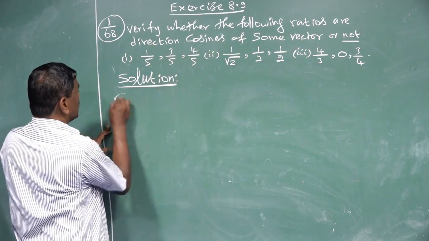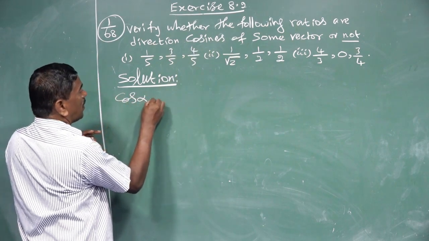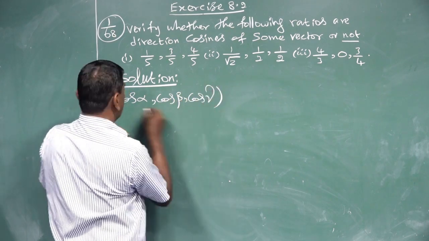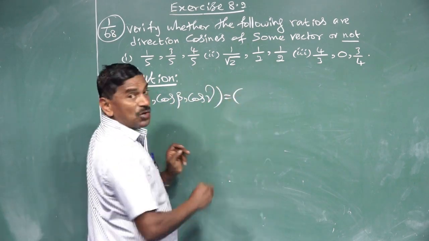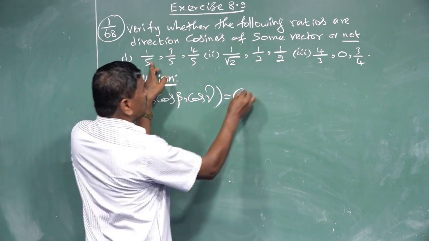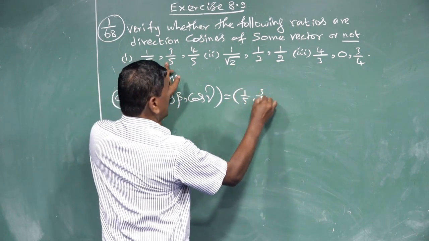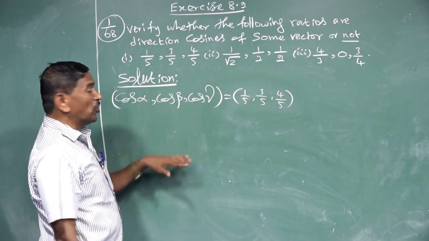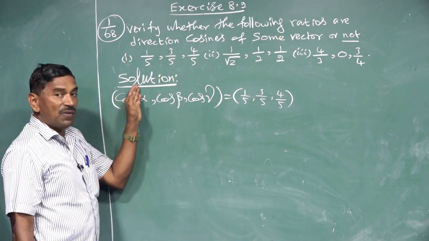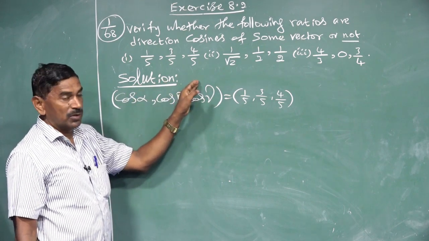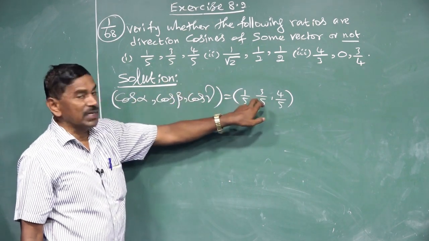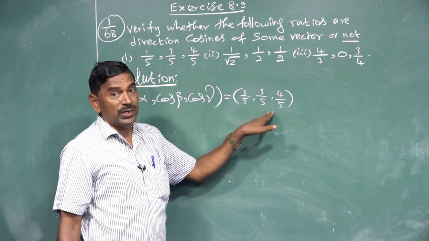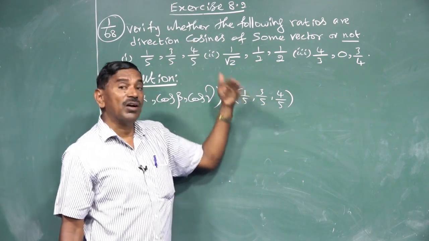Now listen, given that cos alpha, cos beta, cos gamma is equal to 1 by 5, 3 by 5, 4 by 5. Now I want to verify the property cos square alpha plus cos square beta plus cos square gamma equal to 1, which means the given ratios represent direction cosines. If not equal to 1, then the given ratios are not direction cosines.